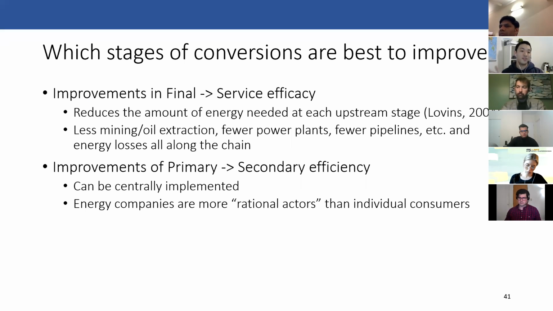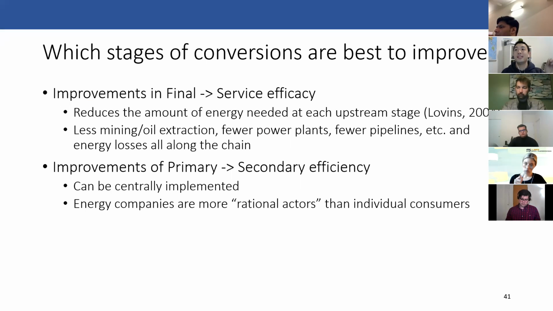The final service efficiency step. And because it results in larger gains, everything along the chain, you need less of it. And so less mining and oil extraction, fewer power plants, fewer pipelines, and so on.